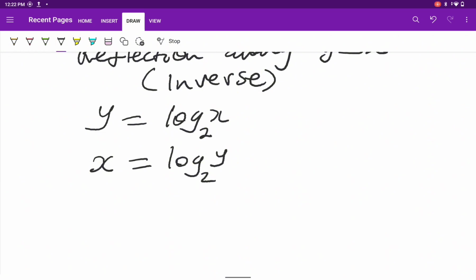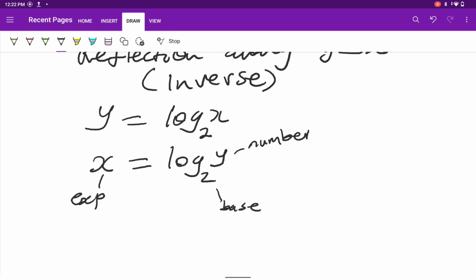Now we want to make y the subject of the formula, so we are going to change this from log form to exponential form. Remember, this is the base, this is the number. It becomes easy when you actually name these things. This is the exponent.